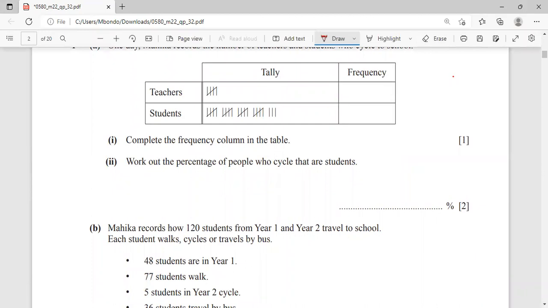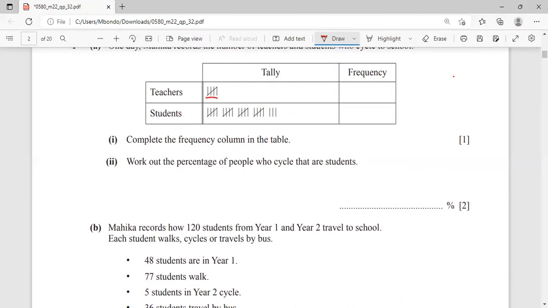So the first question is to complete the frequency column in the table, which is this table. So we need to understand what this is. This is 5. Then this one is 5, 5, 5, 5, and 3. So this is 23.